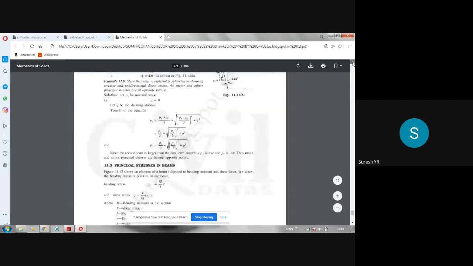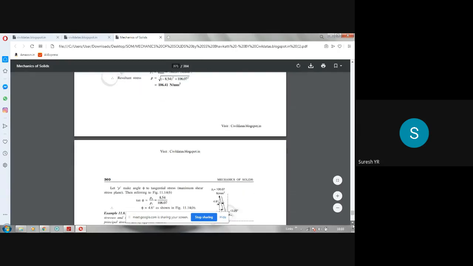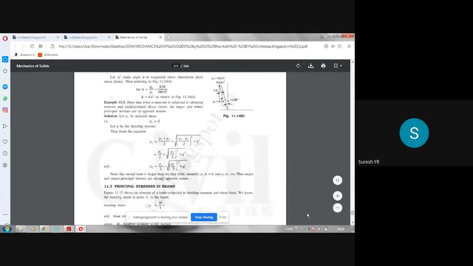I will give a numerical example, then you will understand. In the first case, you got P1 like this. Let us take some numerical values. Px is, let us take, 1. Q is also 1. Then this is 1 by 2 plus root of (1 by 2) square plus 1 square.